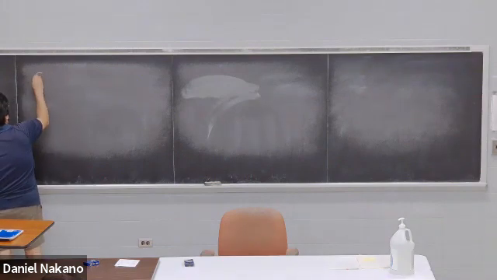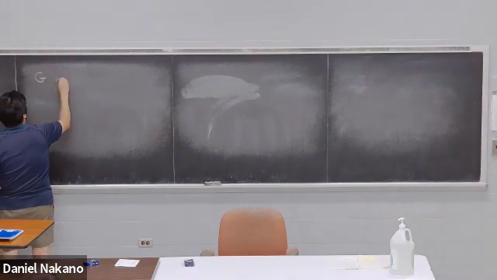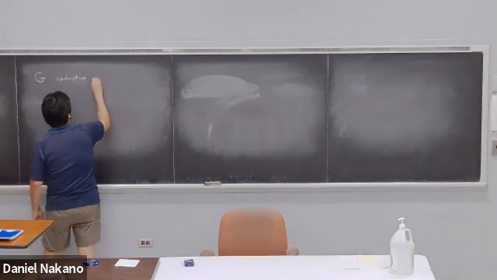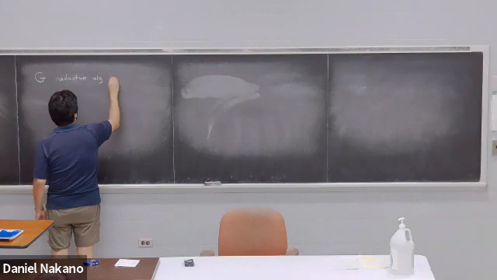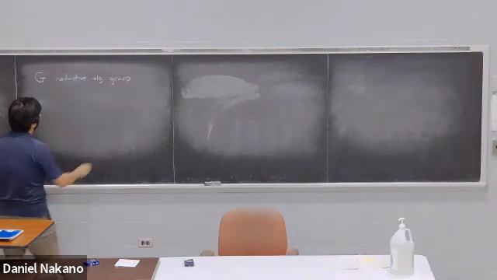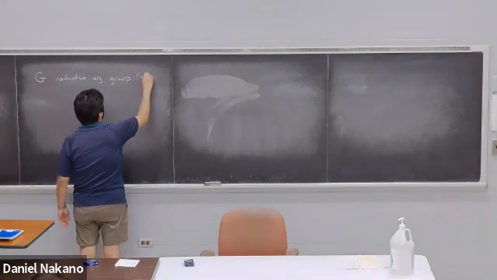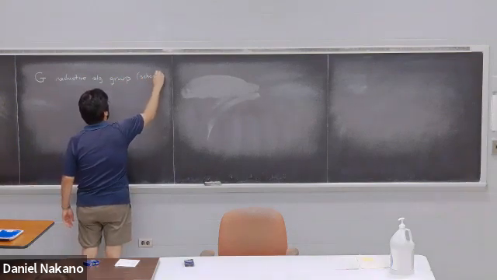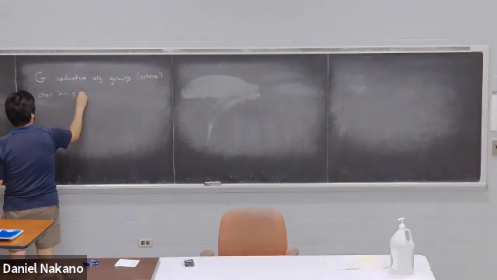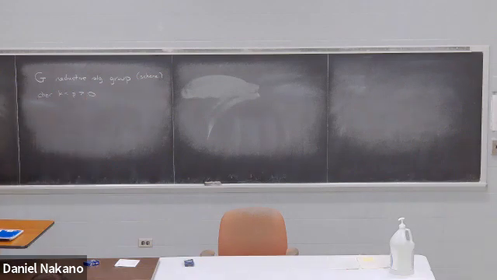G will be a reductive algebraic group, and again, we're thinking of it as a group scheme. The characteristic of the field is p, which is bigger than or equal to 0.